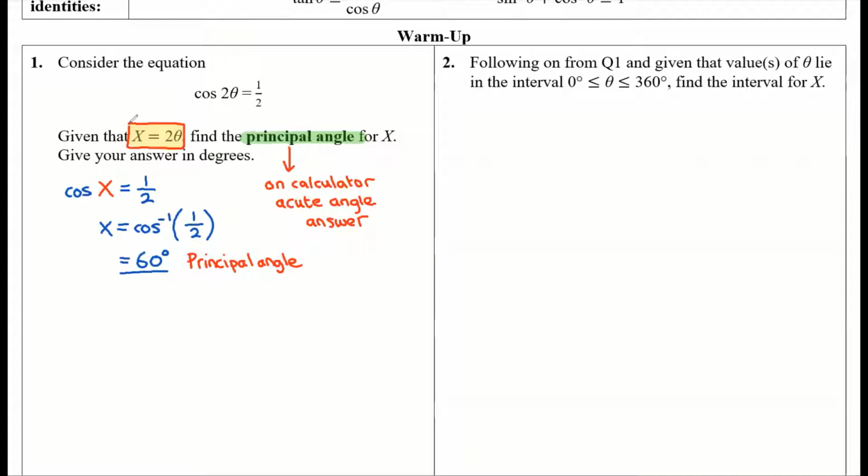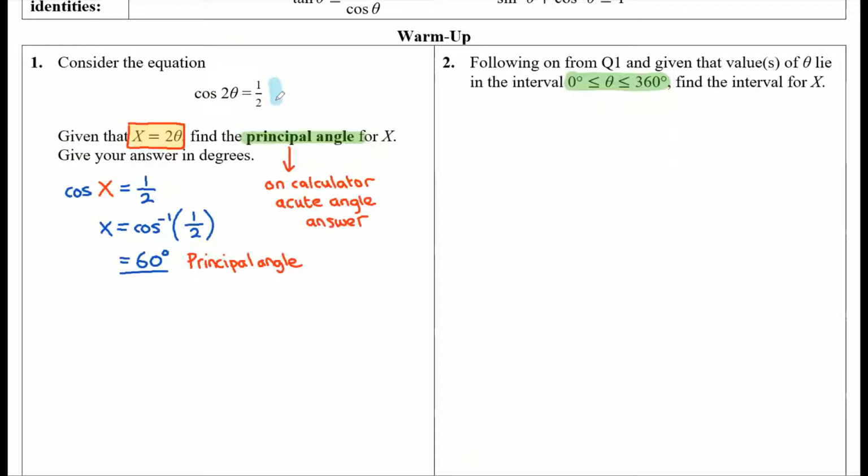Moving on to question 2. It says following on from question 1, which is good, so that's the first bit done. We're going to adjust this interval that we've been given here. This interval is from 0 to 360. Like I was just saying, we know that the solution to the equation we were given in the question has infinite solutions if we allow for all real values of theta.